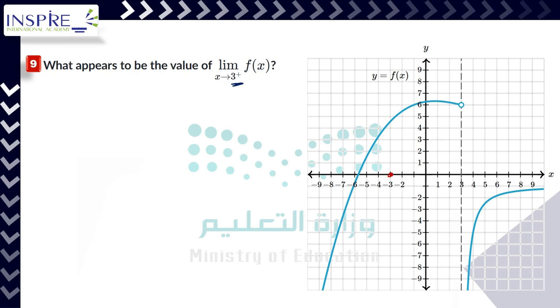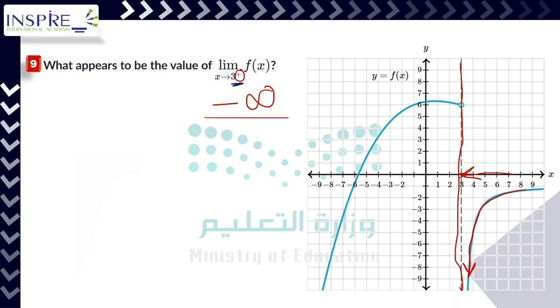We come to the number 3, sorry, it's a 3. You draw your vertical line, and here we have a vertical line. Then you only trace it from the right side, not from both sides. When you trace it from the right side, it goes down and down and down without any boundaries. It will be negative infinity.